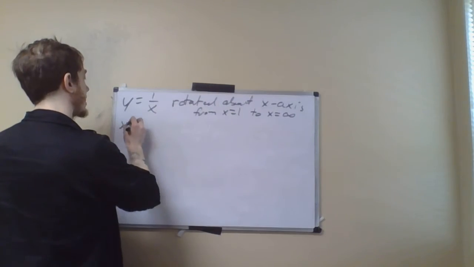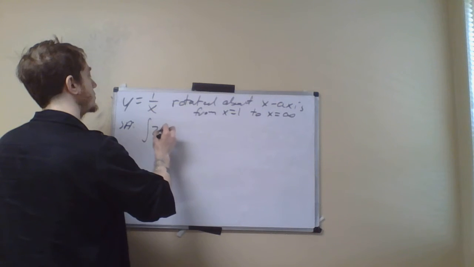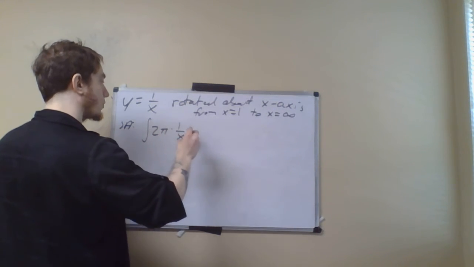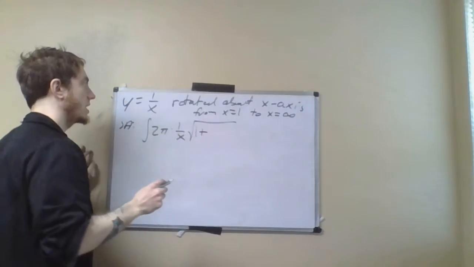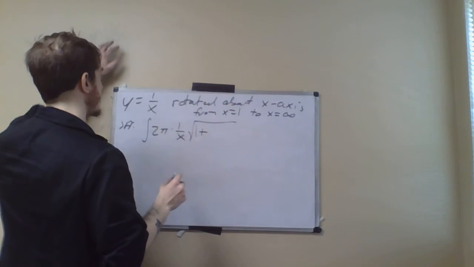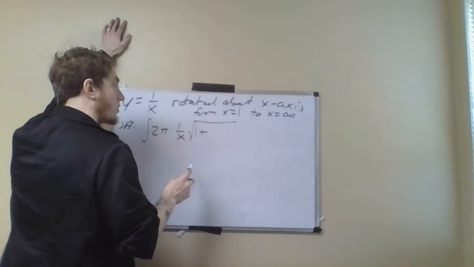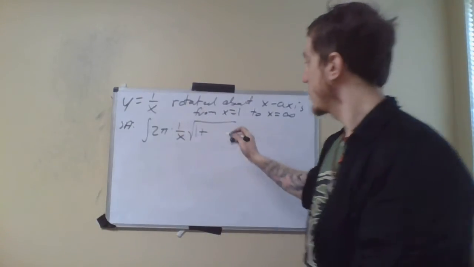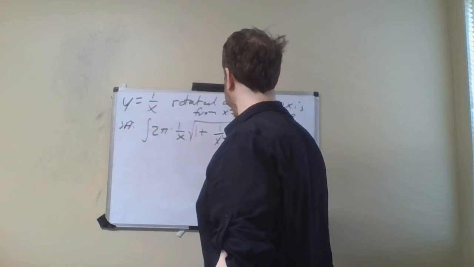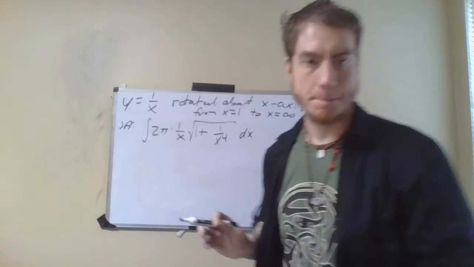Well, the surface area is going to be given by the integral of 2 pi times 1 over x times the square root of 1 plus, now the derivative of this thing is going to be negative 1 over x squared. So this is going to become 1 over x to the 4th dx.